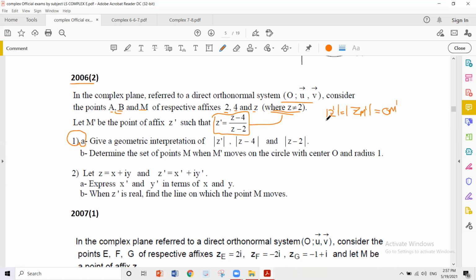The modulus of z minus 4 equals the modulus of zM minus zB, which is equal to the distance BM.